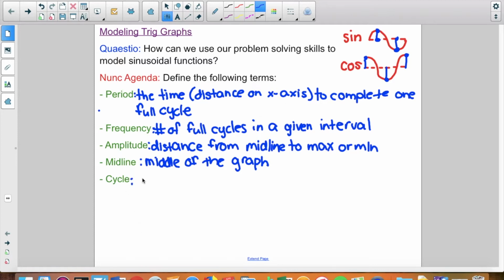A cycle is one full rotation, or one full graph, and in parentheses I'll write rotation of graph. So a cycle is one full graph, either one full sine or one full cosine graph.